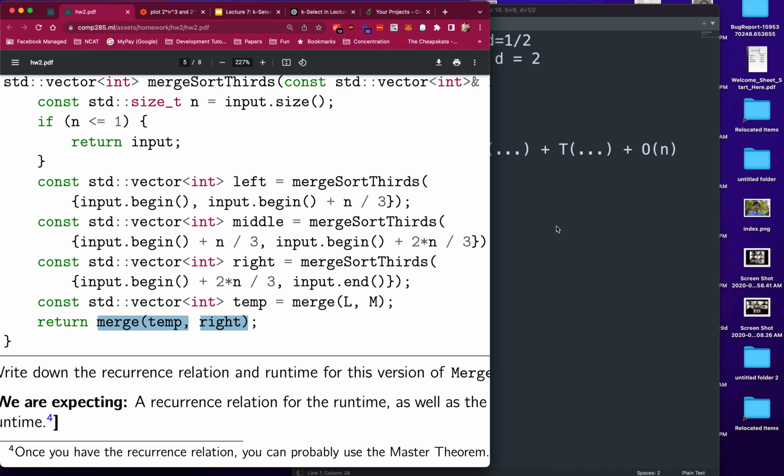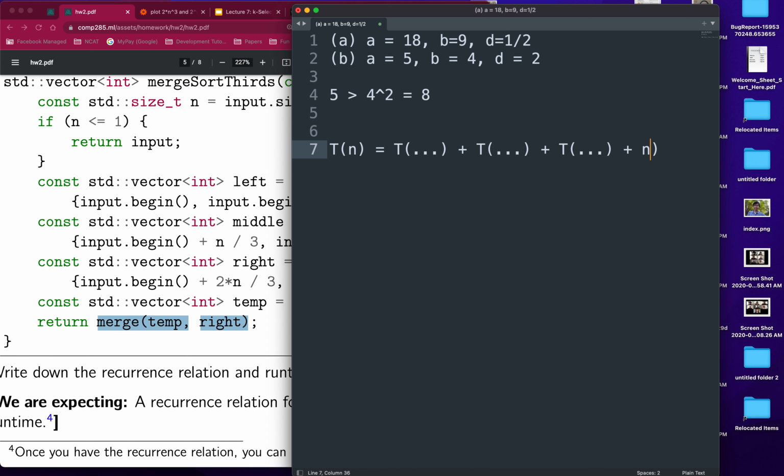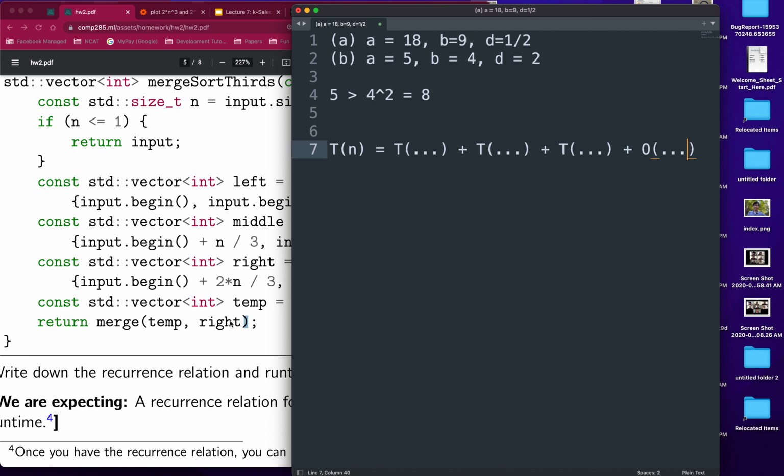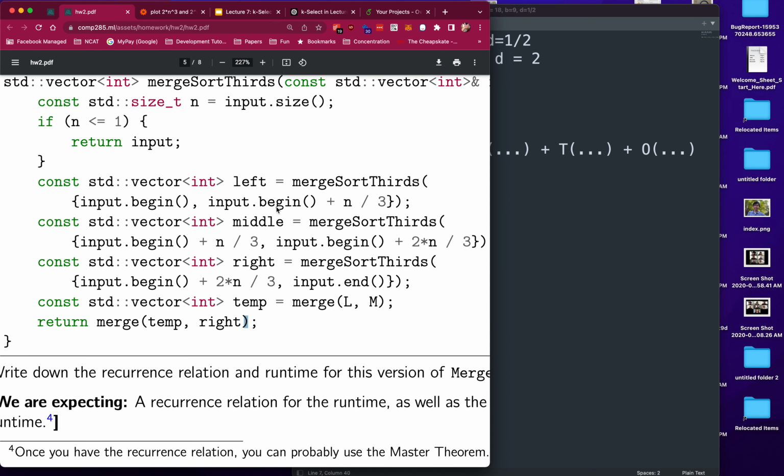Even if we call merge more than once, we could say this is 2 times big O of n, but big O swallows constants, so it's just a normal big O. Now we just need to figure out how big the sizes of the inputs are.